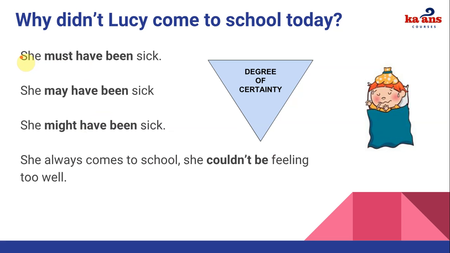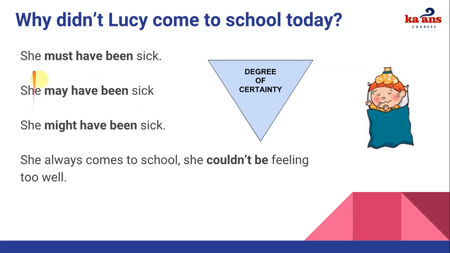So maybe a friend of Lucy told the teacher, well, she must have been sick. Maybe last night I was talking to her and she told me she didn't feel too well. Again, her certainty is very high, so that's why she says must have.